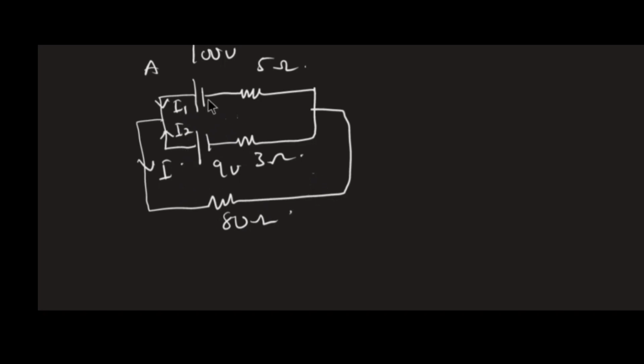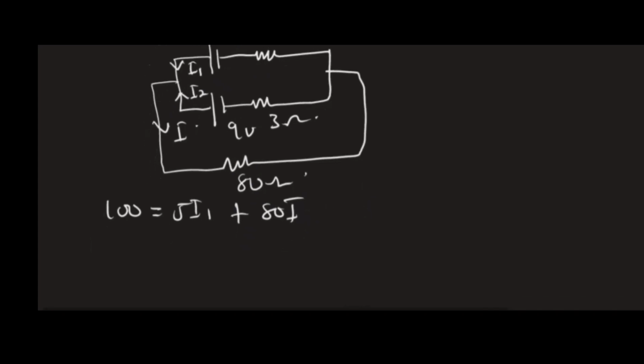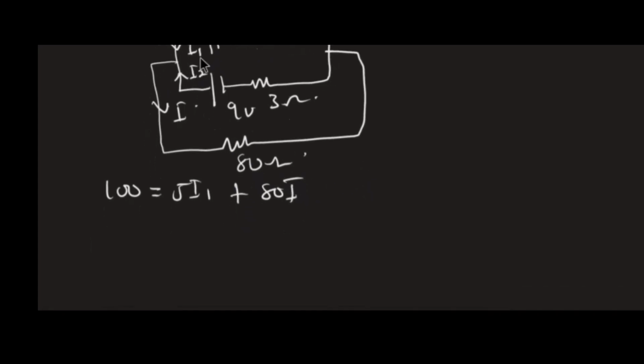I take a loop. My first loop, I'll take like this for the outer part. And I'm going to get what? In my loop I have my total voltage to be 100. So 100 will be equal to the voltage drop across here itself, which will be 5I1, that is the current I1 here. Then the voltage drop across the 80, so plus 80I, and I know I here is equal to I1 plus I2.